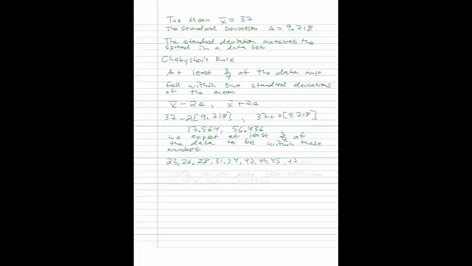And you will notice all of our data was between 17.564 and 56.436. 100% of our data fell between 17.564 and 56.436. And certainly 100% of the data is at least 3/4 of the data. And that will conclude this lesson.